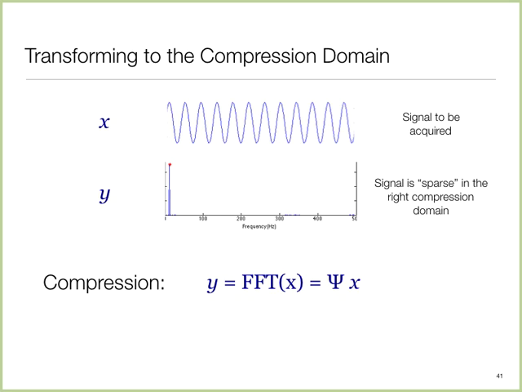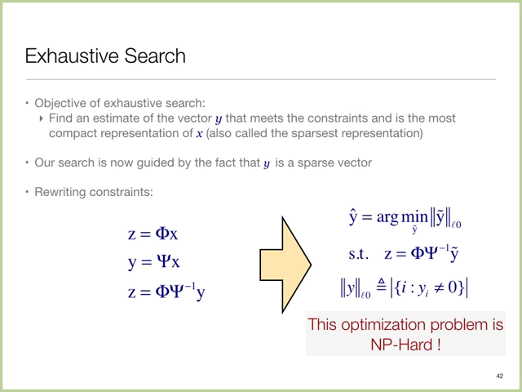Then the other thing is that if we know we are sparse in some domain, so let's say we know that x, when projected into the FFT domain, is sparse, then I can again do a linear transformation of x into y. So y is some psi times x, and that we know results in a sparse signal. Then we formulate the problem: z is the sampling matrix times x, and y is the transform which makes it sparse.